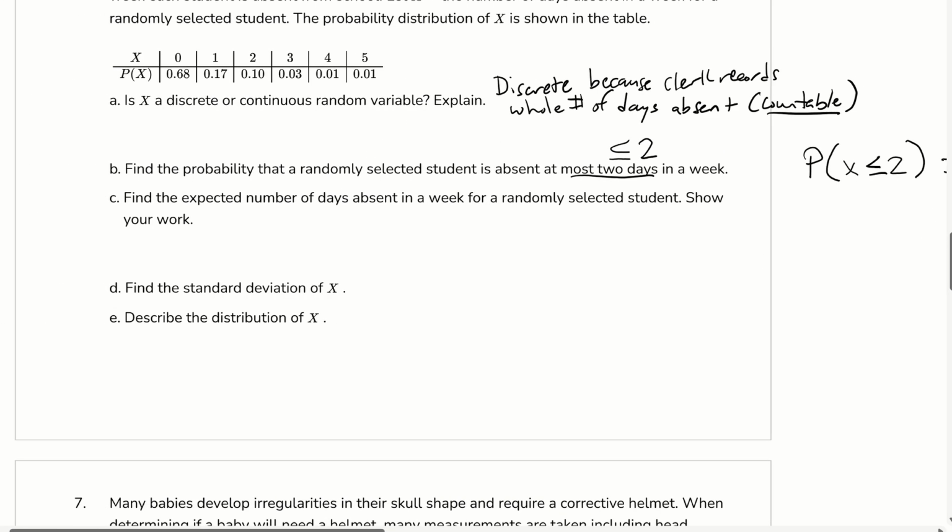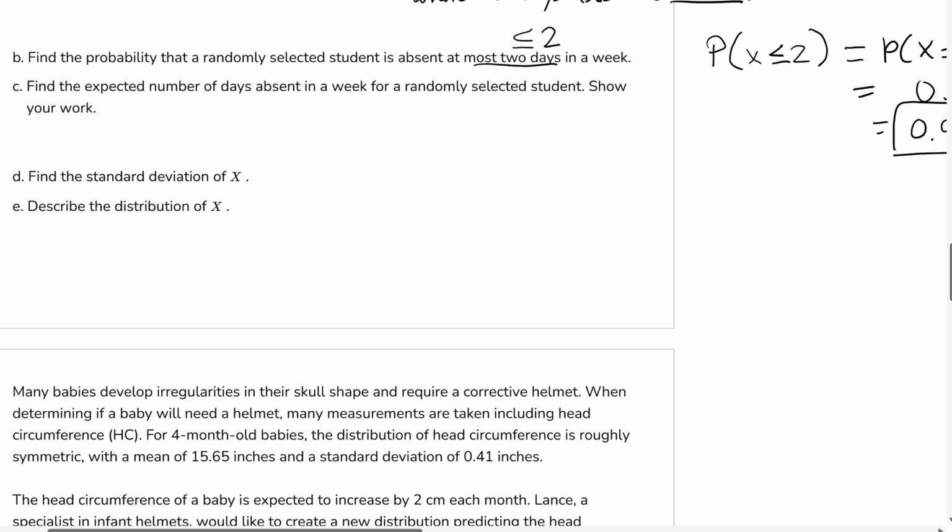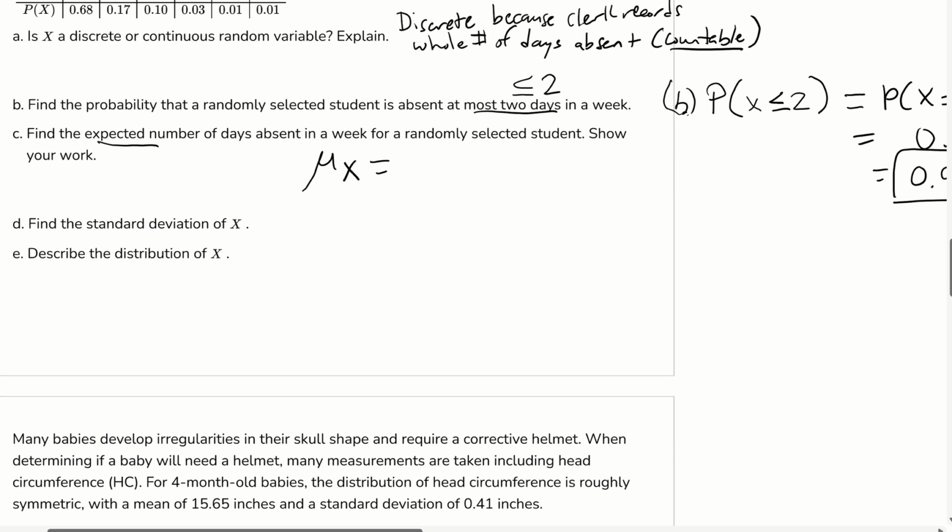Okay. Part C, find the expected number of days absent in a week. So expected, that's mu, okay? So this is part B. Let's do part C over here. Mu x is equal to, and this is capital X, the expected number of days absent in a week for a randomly selected student.